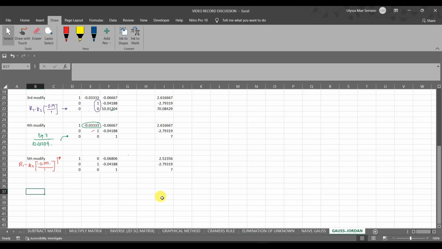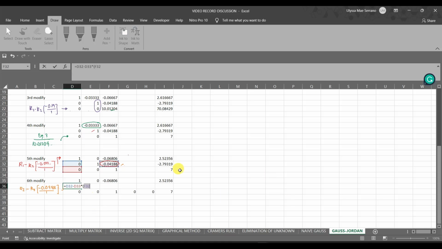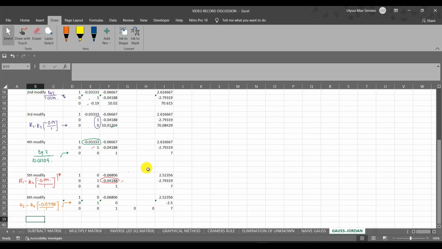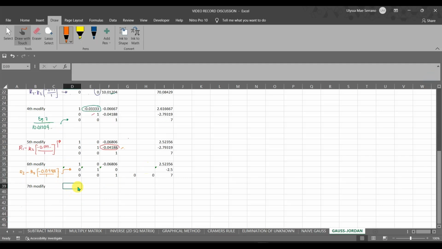For the sixth modify, copy the first and the last equation. We're going to make this 0. Row 2 minus row 3 multiplied by 0.04188 over 1. Row 2 minus row 3 times row 2 divided by row 3, which is 1. And hindi mababago ang ating data selected. We're able to make our second element 0. For the seventh modify, we're going to copy the second and the last equation.